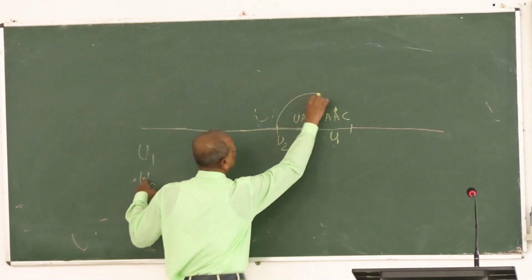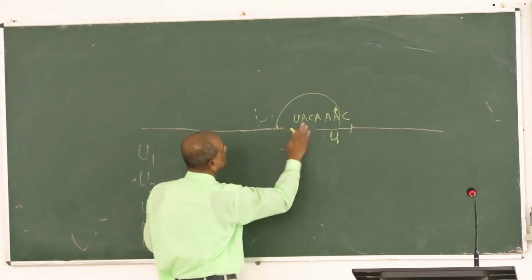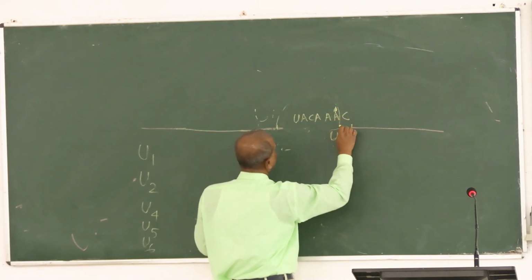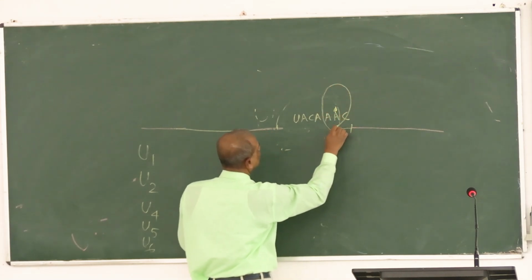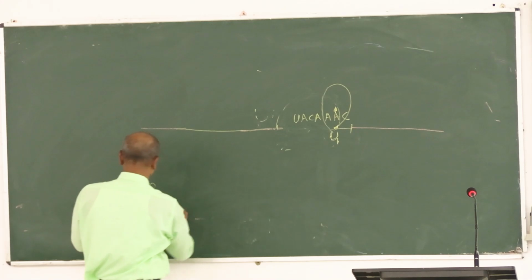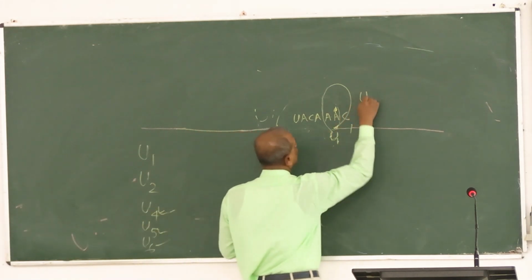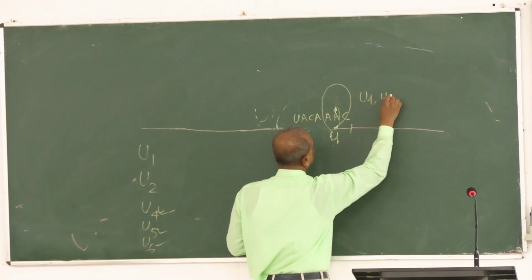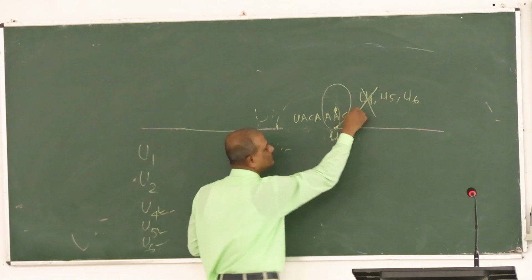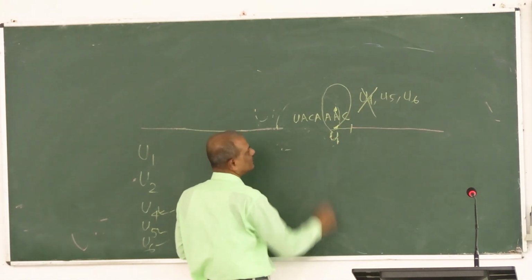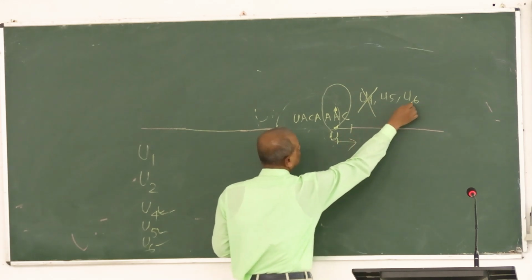Now it forms a structure, it clips here. So U1 and U2 form a layer, to which U4, U5 and U6 join. Finally, U4 is removed to make it functional, and U1 is replaced by U6.